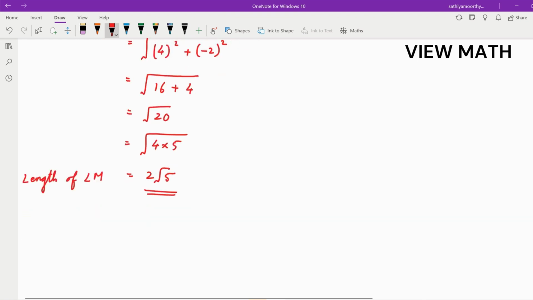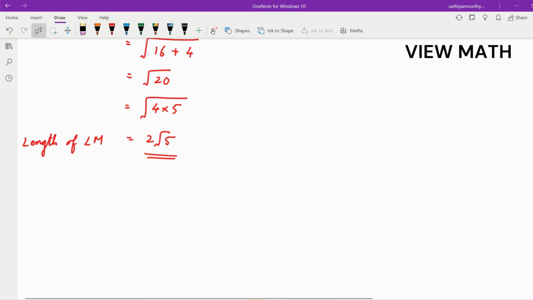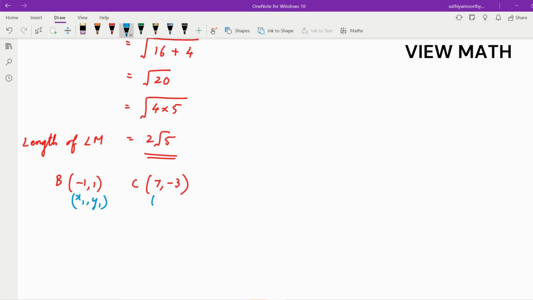Next I'm going to find out the length of BC. Now let me write the coordinate of B and C first. B is minus 1, 1 and the coordinate of C is 7, minus 3. So here this is my x1, y1 and this is x2, y2. So now let me substitute in the distance formula.